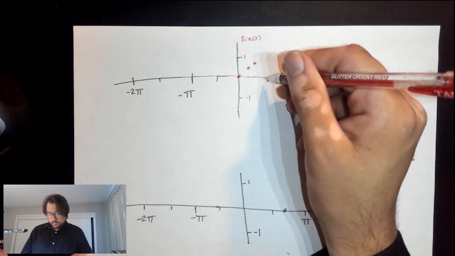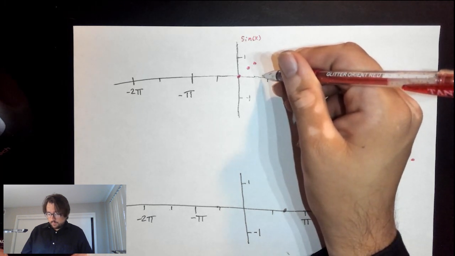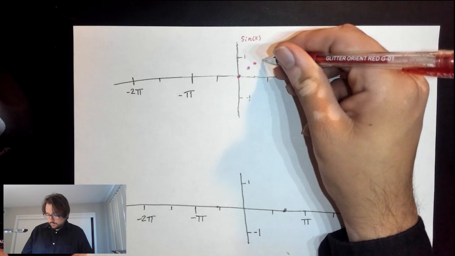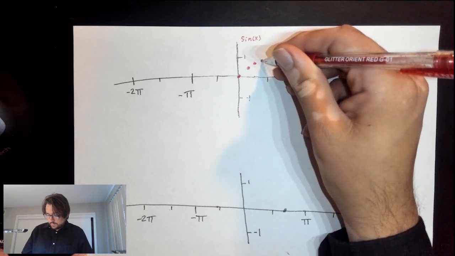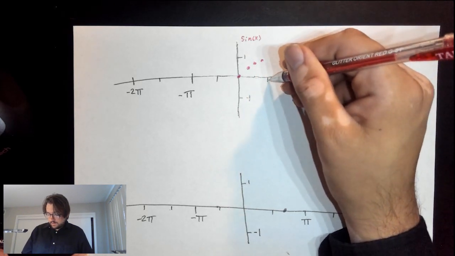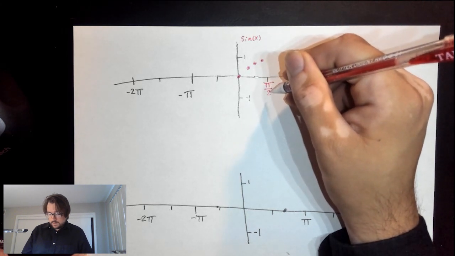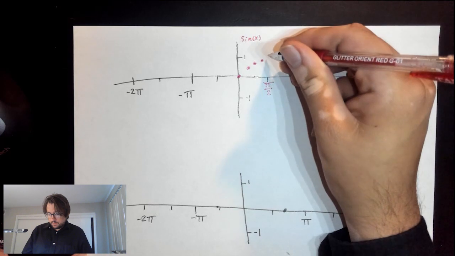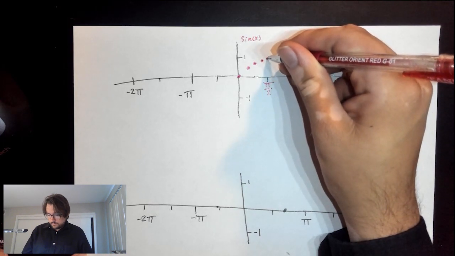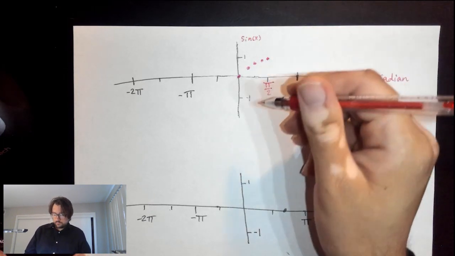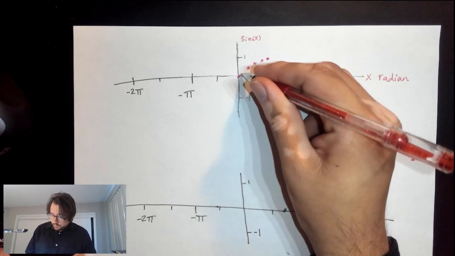The sine of pi over 3 is the square root of 3 over 2, which is getting closer and closer to 1. It's right there. And so finally, at pi over 2, the sine of pi over 2 is 1. So we get this nice arch here.